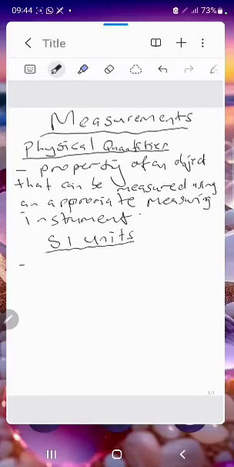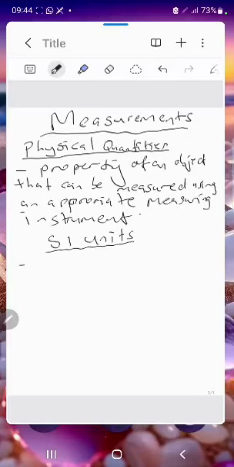In some countries, they measure using feet. Some don't understand feet. But if you talk about meters, everyone will understand. So it means the SI unit for length is meters.